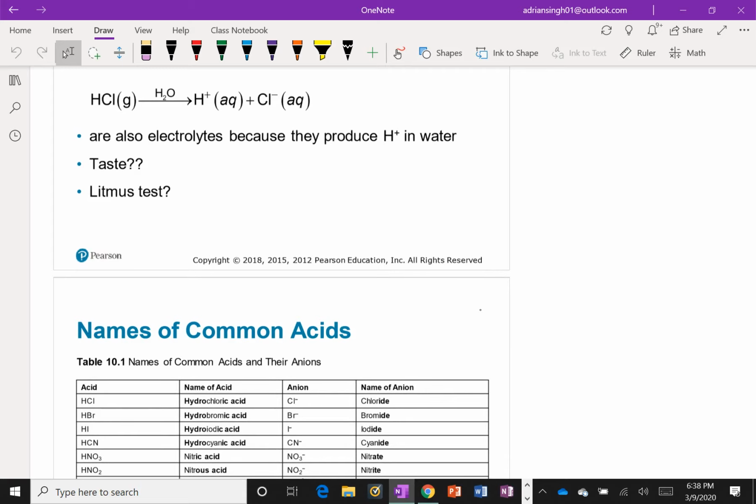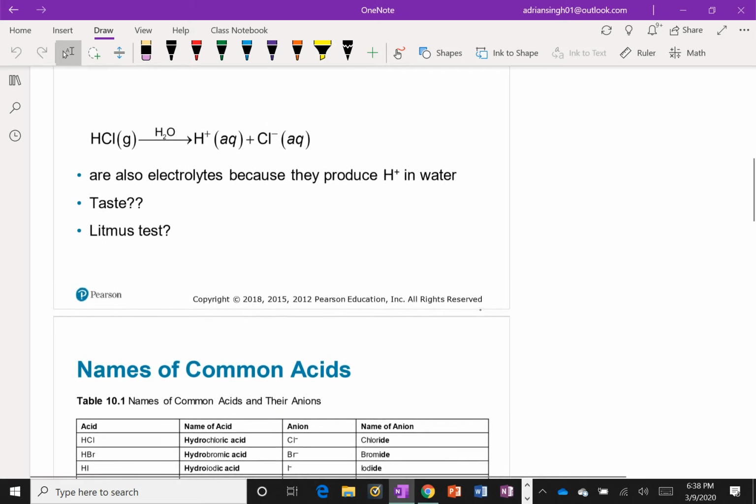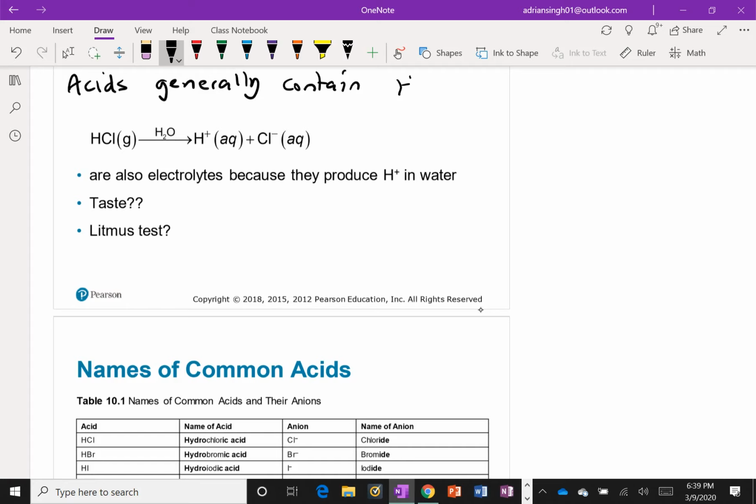So, acids generally, we can recognize them because they contain hydrogen in their formulas.